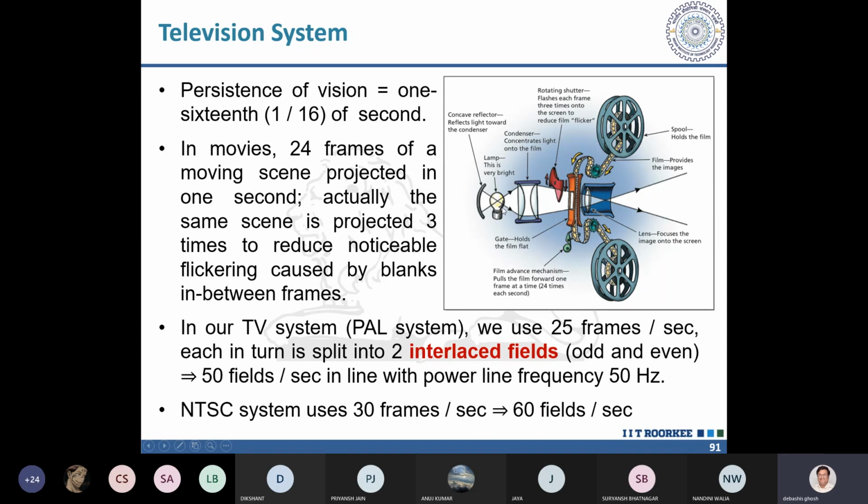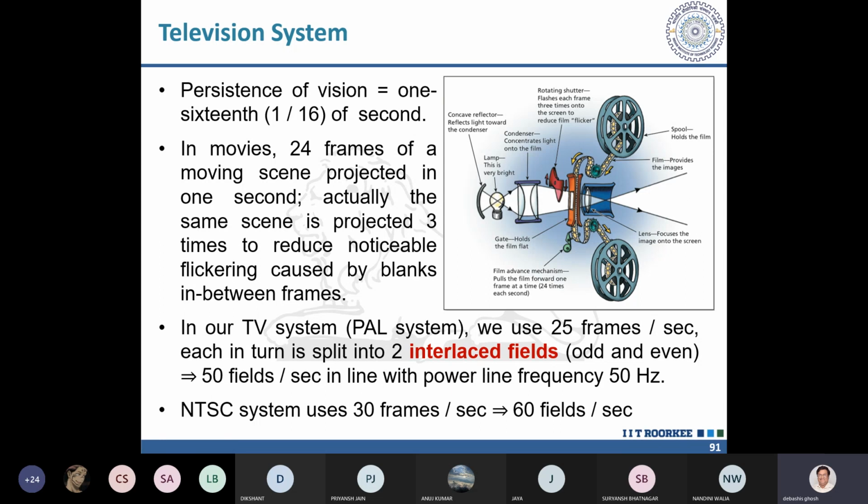There is a shutter; the shutter opens for some time and the frame gets projected, then the shutter closes, and when the shutter is closed, the spool pulls the film to the next scene. However, there is some problem.